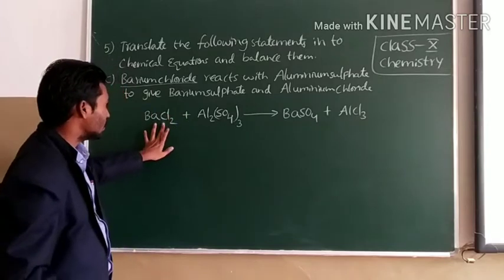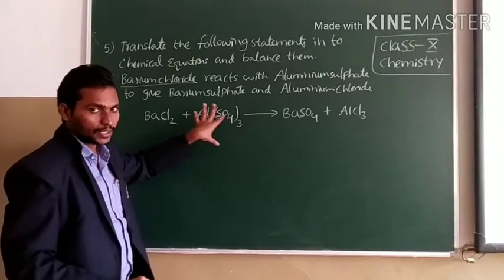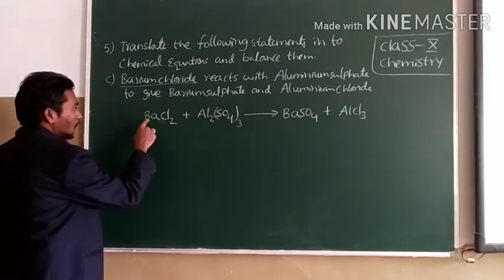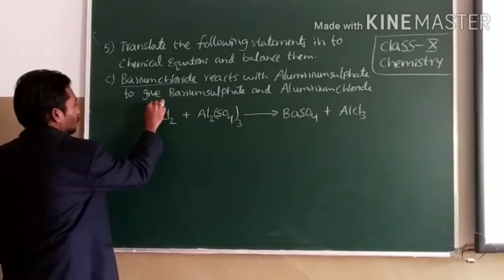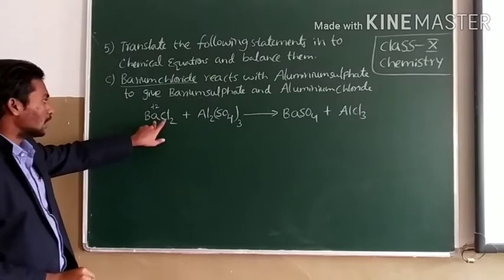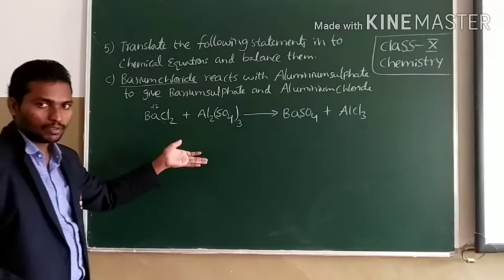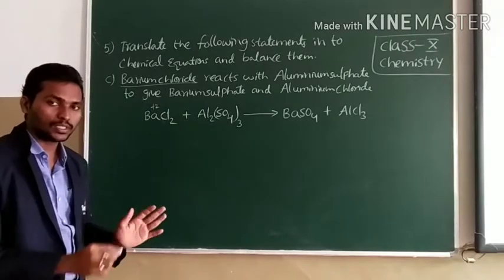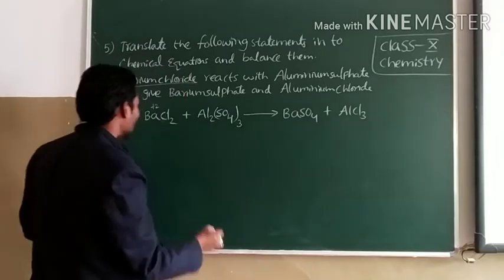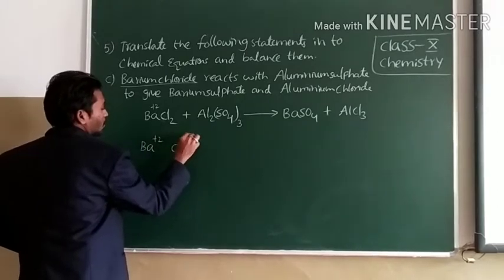Let us look at this equation. How did I write the chemical formulas of the given substances? Barium charge is +2 and chloride charge is -1.